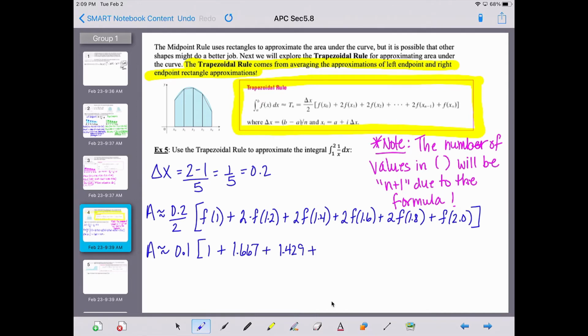F of 1.6 is going to be 1.250. 2 times f of 1.8 is going to be 1.111, and then f of 2.0 is that 0.500.